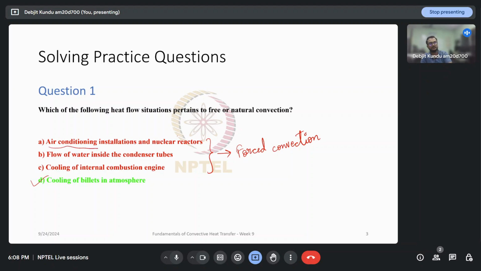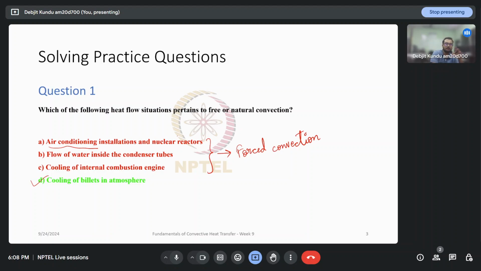So in air conditioner, we see that there are these fans blowing over cold air in the indoor unit as well as the hot air in the outdoor unit, in case it's a split air conditioner that we're talking about. Or in nuclear reactors, there has to be very precise and very powerful ways of taking away heat from the reacting tubes, because otherwise there might be cases of accidents which we really want to avoid.